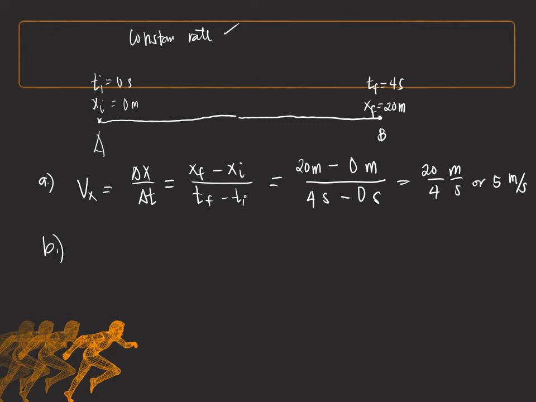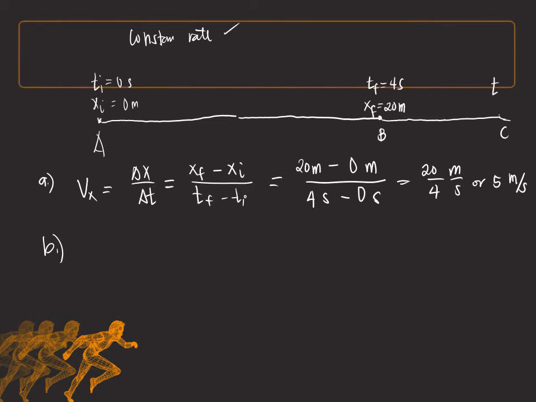After passing point B, the experimental subject still run for 10 seconds. So tumakbo pa rin siya. Okay? He did not stop at point B. Instead, still run for 10 seconds.